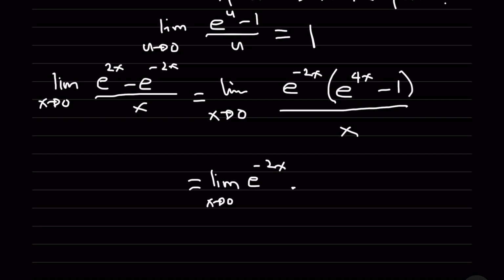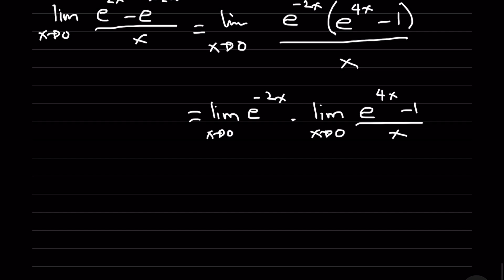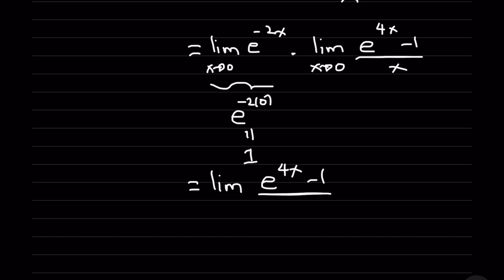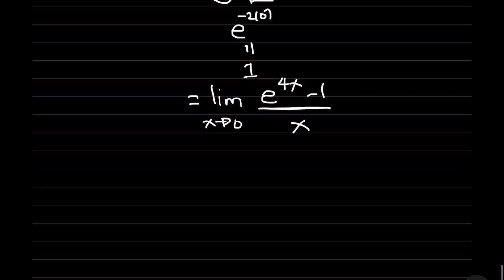So we can write this further as the limit of e raised to negative 2x times e raised to 4x minus 1 divided by x. So if you get the limit of the first term, that is equal to 1. So we're left with the second term, the limit of e raised to 4x minus 1 divided by x as x approaches 0. We let u be equal to the exponent of e, 4x. So x is equal to u over 4.